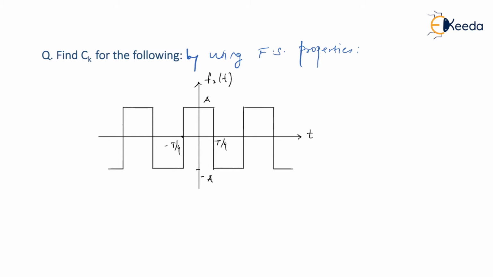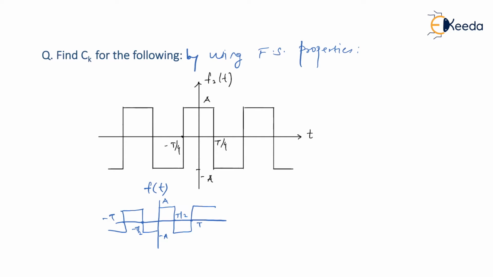So in the previous video lecture, we have seen one signal, let's say f of t. It looked like this. Amplitude A, here we had minus A amplitude. It is T by 2, T, then we have minus T by 2, and we have minus T here.